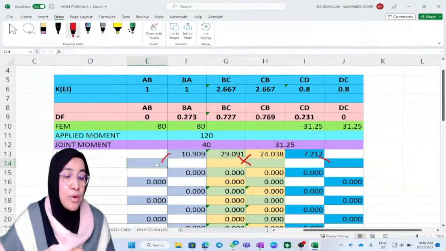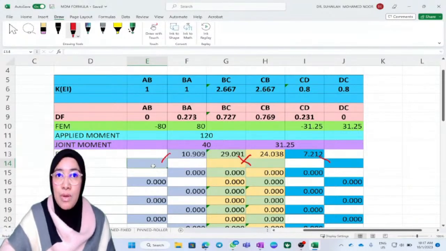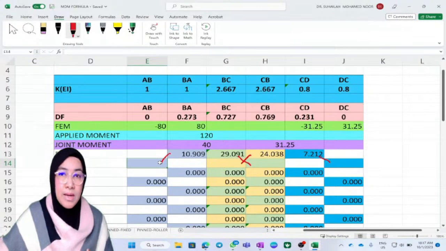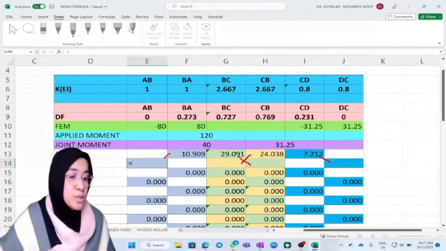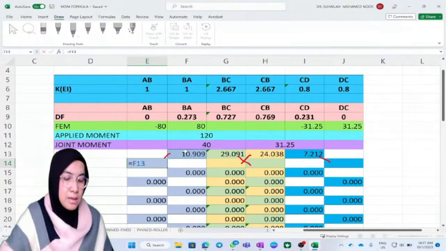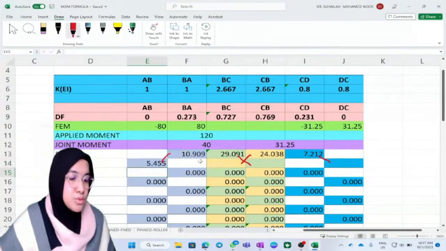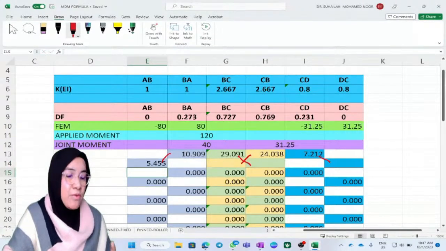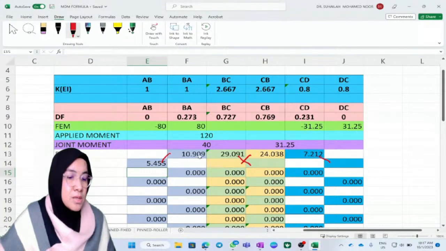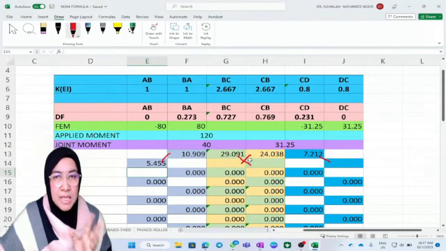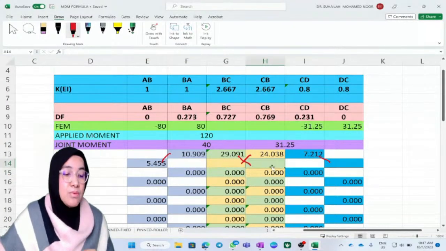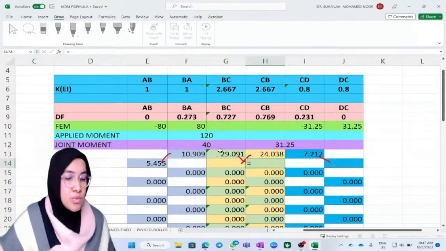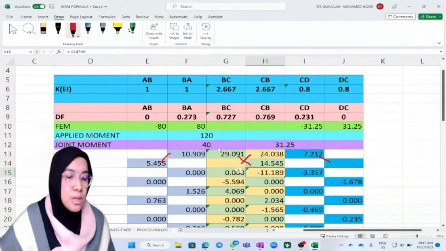So we have 10.909, we have to carry to A. So it is 10.909 divided by 2, so we get 5.4545. Okay, so 29 at BC, we have to carry to C. So it is 29 divided by 2.